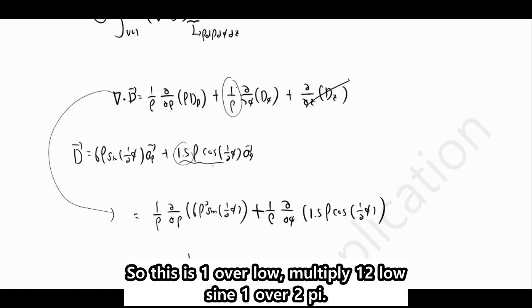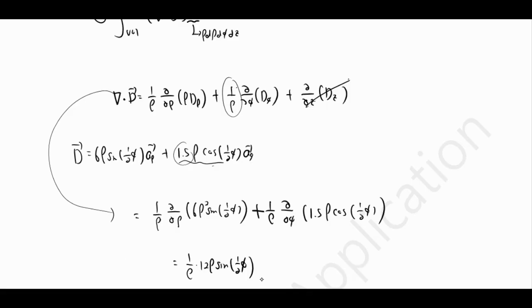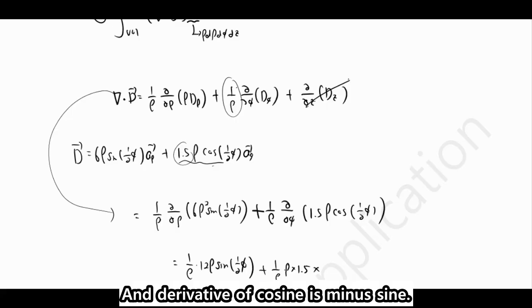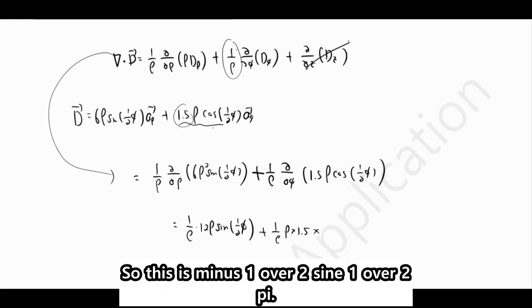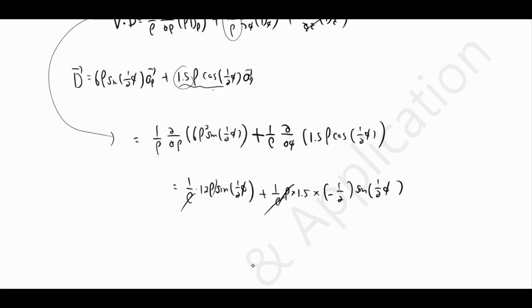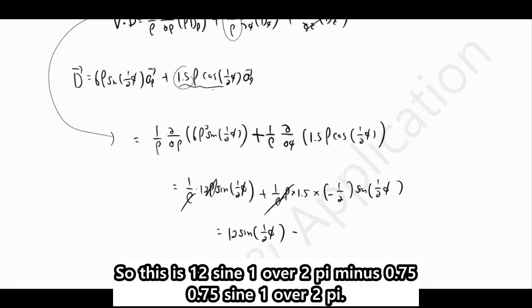So this is 1 over rho times 12 rho sine(1/2 phi), plus 1 over rho times rho times 1.5, and the derivative of cosine is minus sine, so this is minus 1/2 sine(1/2 phi). So this is 12 sine(1/2 phi) minus 0.75 sine(1/2 phi).